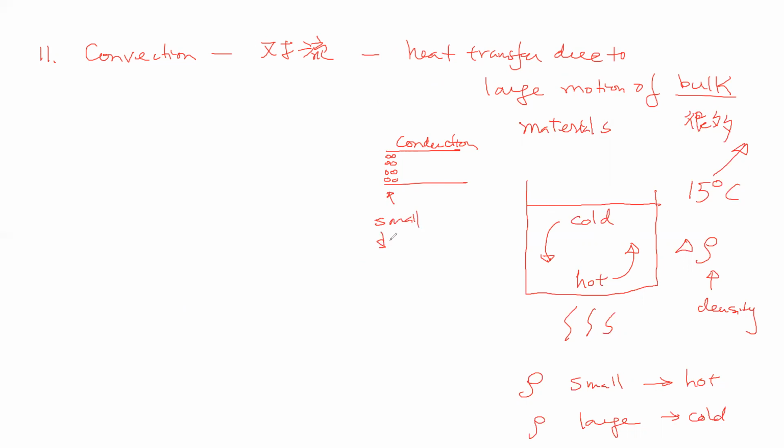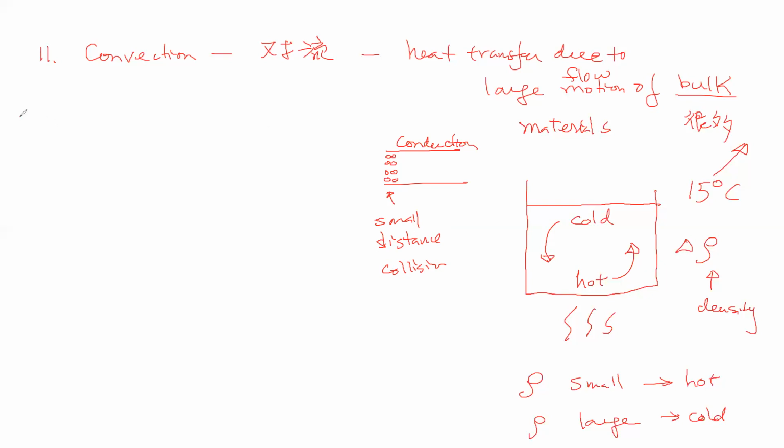Small distance collision, right? But this is a large motion flow, right? Large flow of bulk fluid, bulk material. So that's the difference between conduction and convection, right?